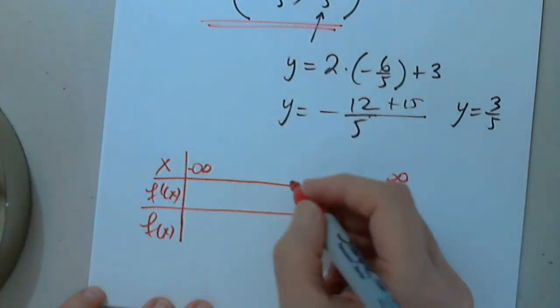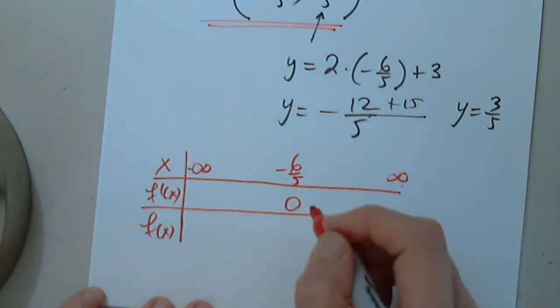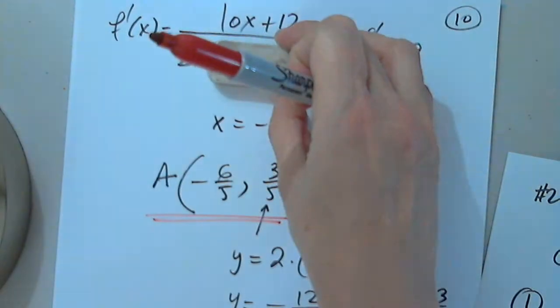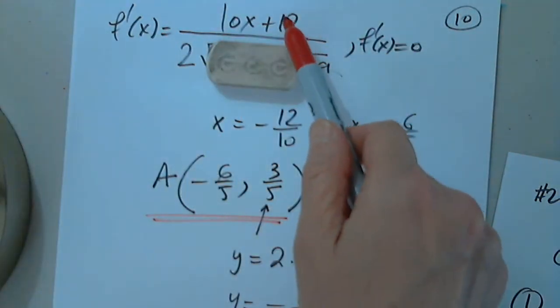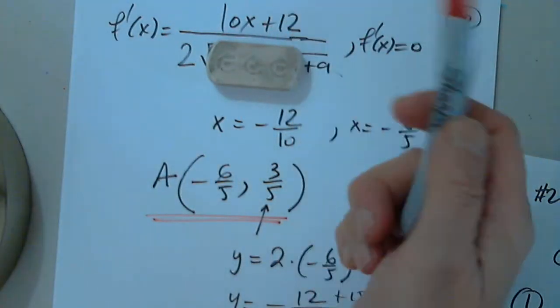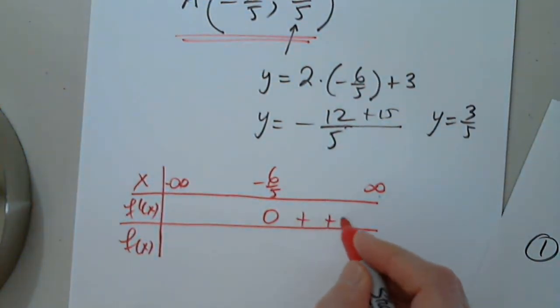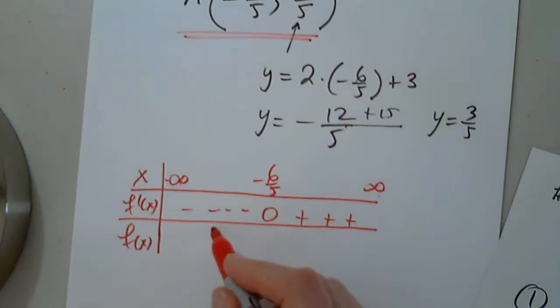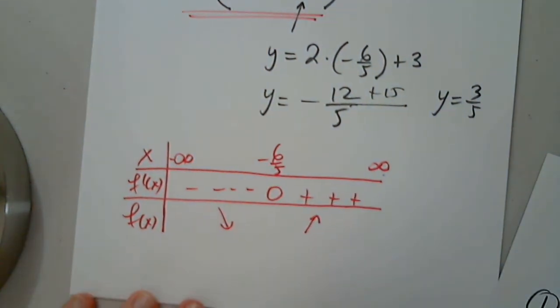So this is negative 6/5 and 0 here. And I'm looking at the derivative. I will not plug in anything here. It's all positive to the right, when I have 0, it is positive. To the left, when I have negative 10, it is negative. So this is definitely the smallest.